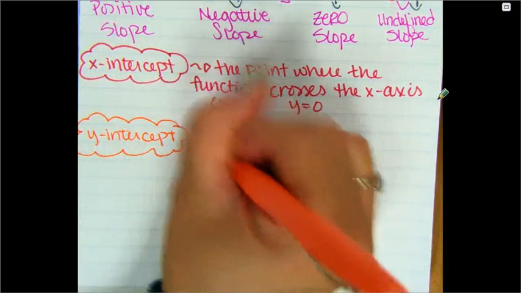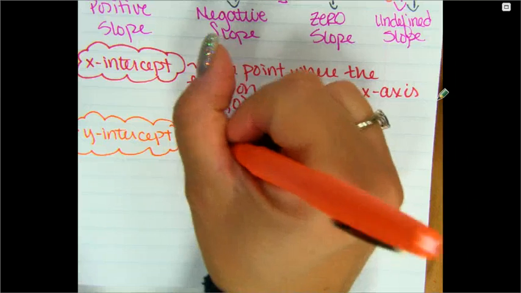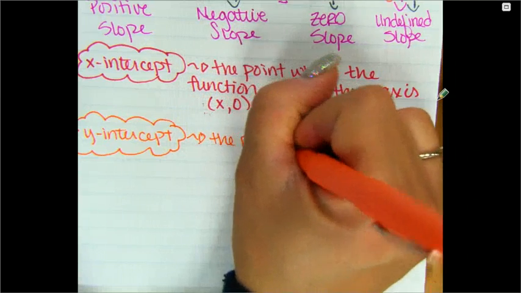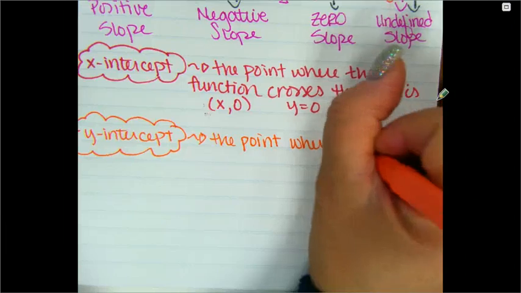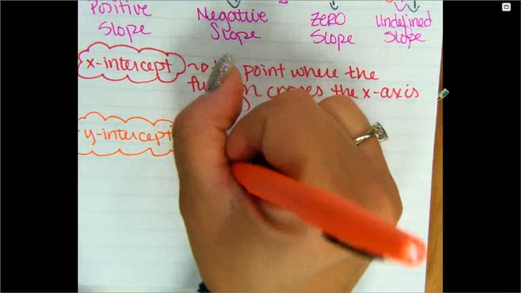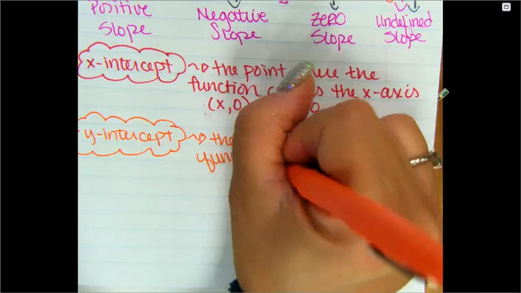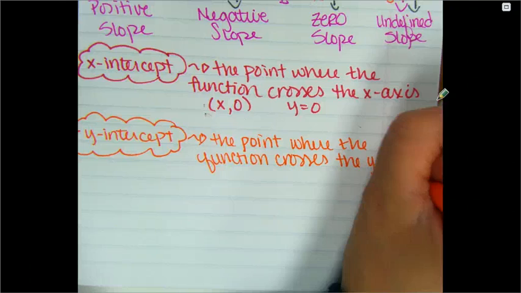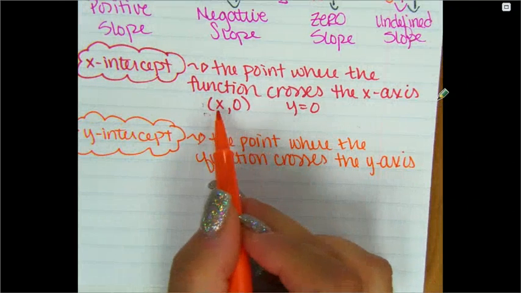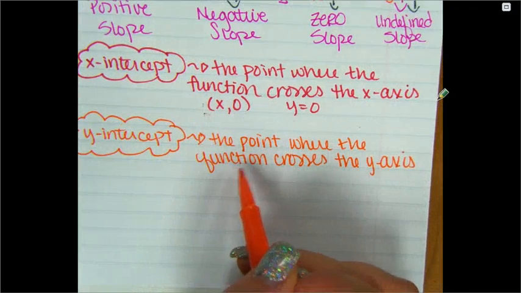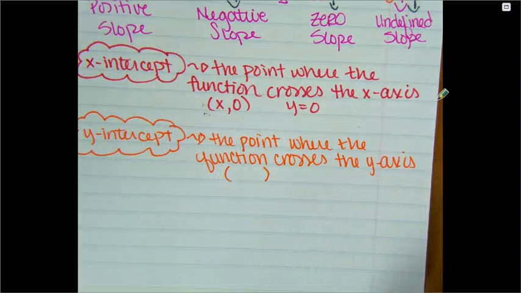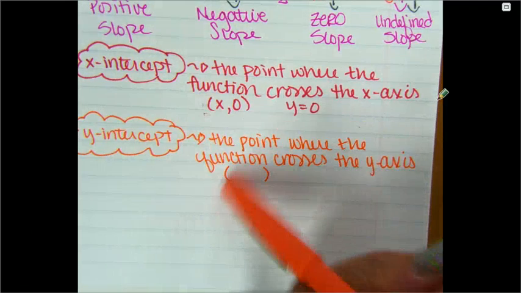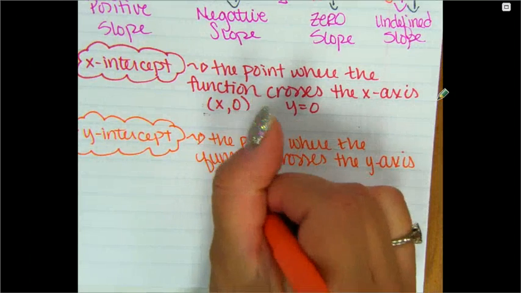We talked about y-intercept just a little bit, but let's talk about it again. It's also the point where the function crosses the y-axis, sorry. So in this one, if you have x comma 0, this one's going to be what? What's 0? 0 comma? Can y and x have the same spot? 0 comma y.